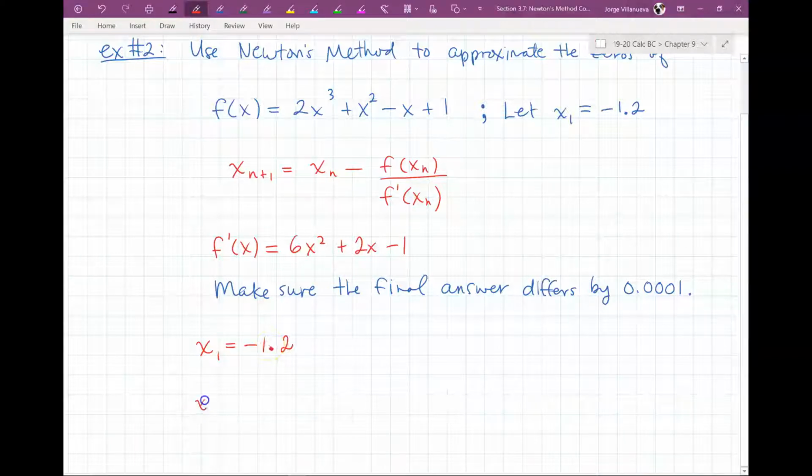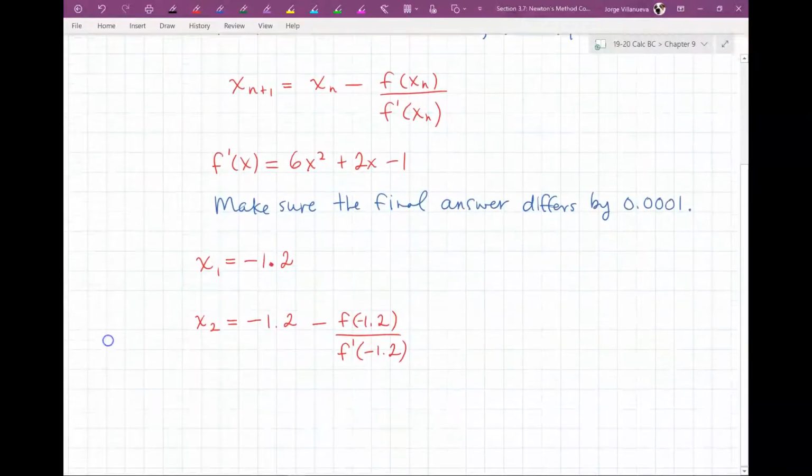Now, x sub 2 is negative 1.2 minus f of negative 1.2 divided by f prime of negative 1.2. That's what x sub 2 is supposed to be. It's supposed to be x sub 1 minus f of x sub 1 divided by f prime of x sub 1.